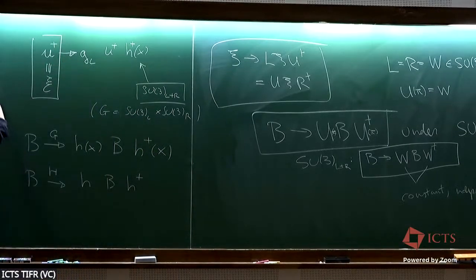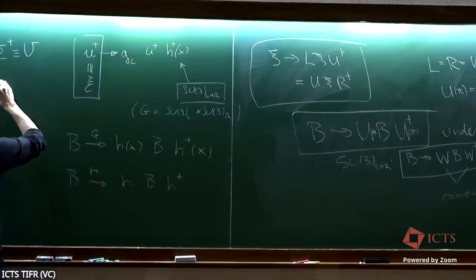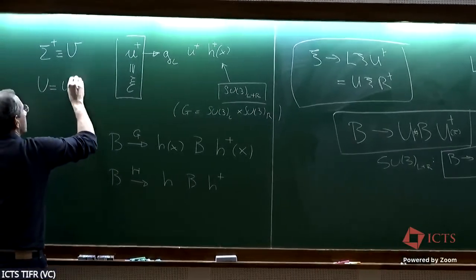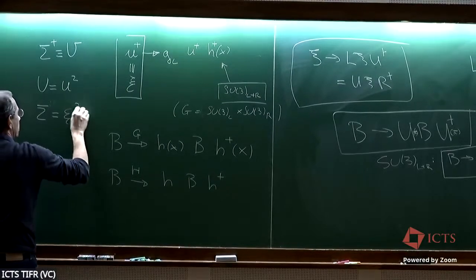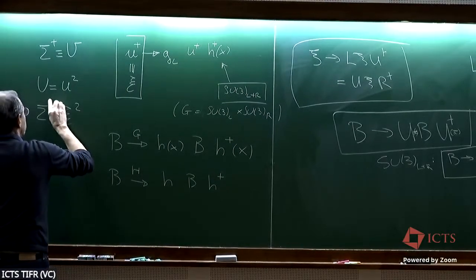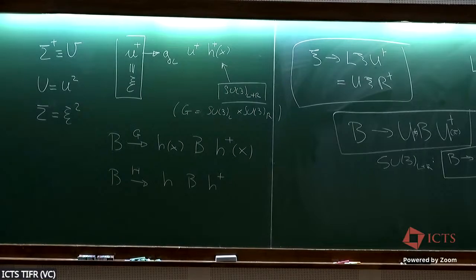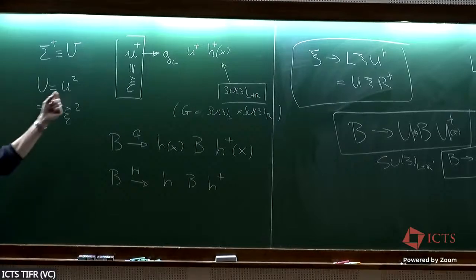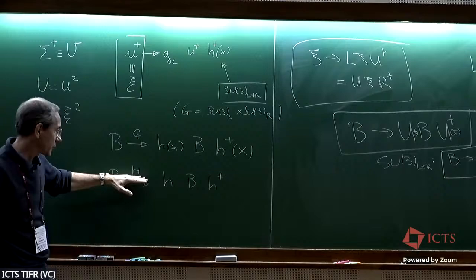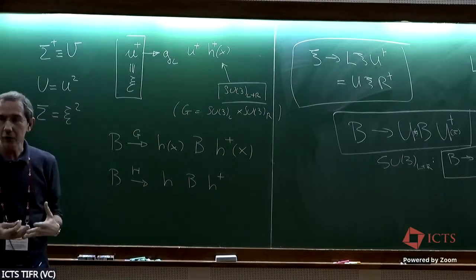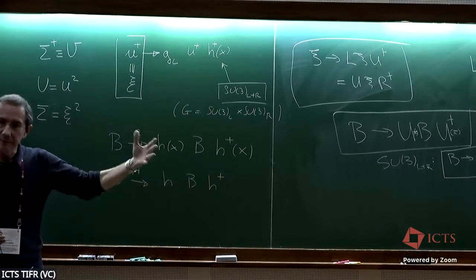Like the other key equation was that sigma was equivalent to my little u. So these psi or u are these compensator fields, which are really important if you have something that you know how it transforms under H, and you want to build out of it something that transforms under the chiral group.